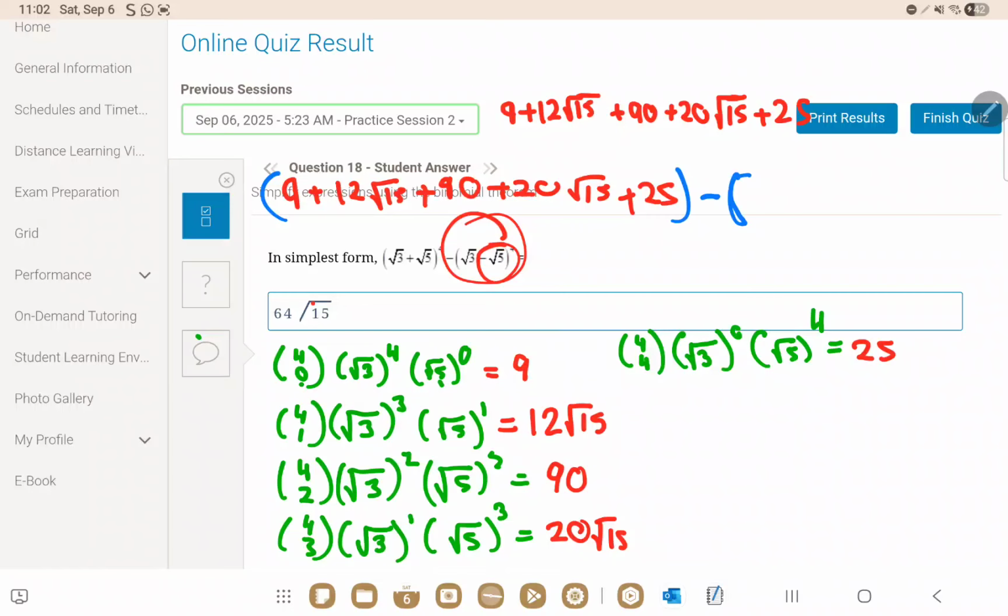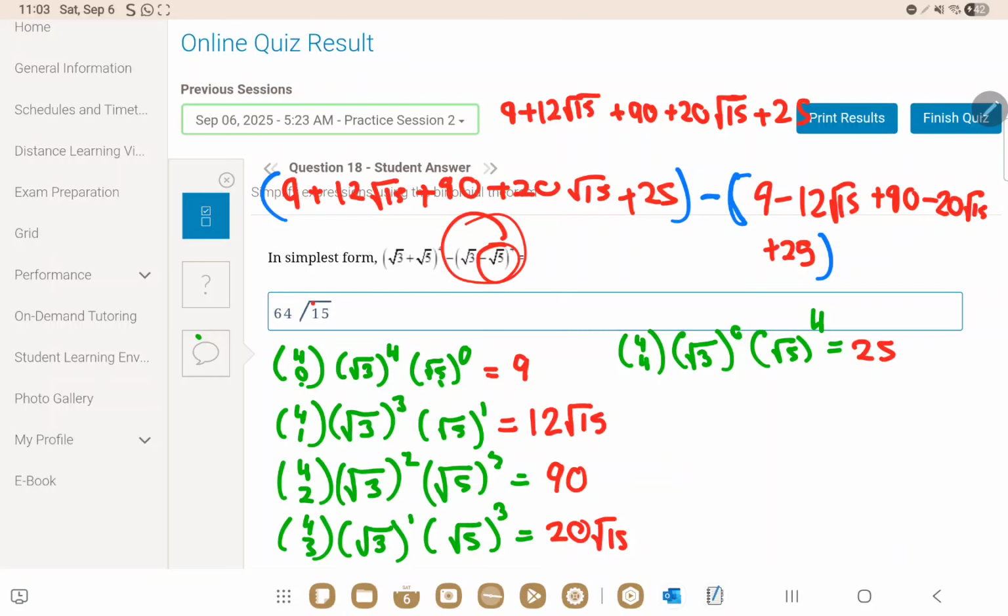So it is now 9 minus 12 radical 15 plus 90 minus 20 radical 15 plus 25. It's plus minus plus minus and so on.